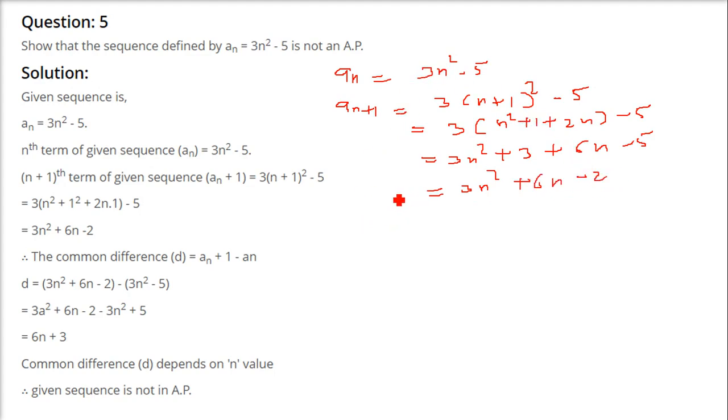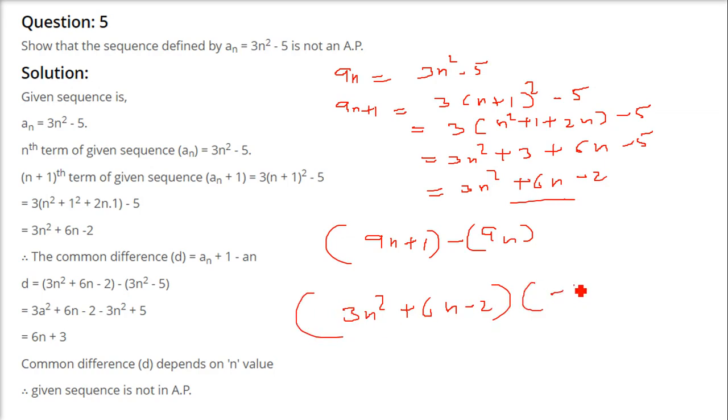Now to find the common difference, a_(n+1) minus a_n. So this minus this: 3n squared plus 6n minus 2 minus (3n squared minus 5), that is 3n squared plus 6n minus 2 minus 3n squared plus 5. Now this gets cancelled.